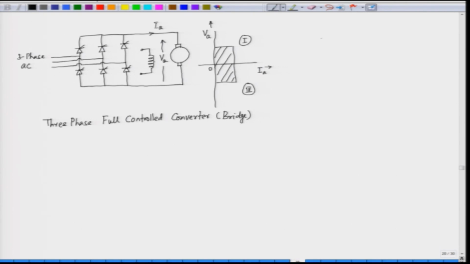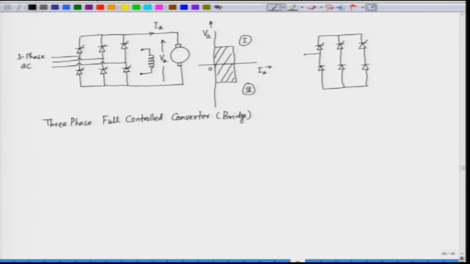Now, similarly we can also have a 3-phase half controlled converter. What we have here is 6 devices as before. 3 of these devices are SCR, 3 are diode. So, half of the devices are controlled rectifier and half are uncontrolled rectifier. Diode is an uncontrolled rectifier.